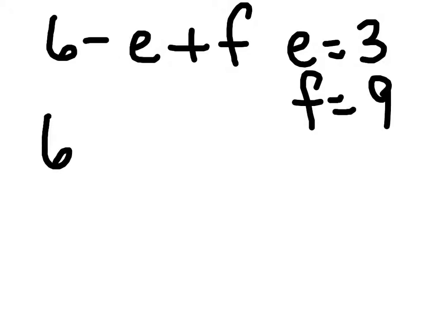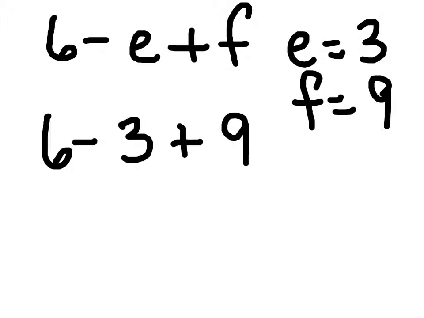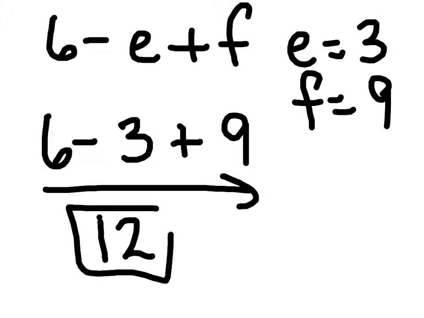So I would have 6 minus 3 for the E plus 9 for the F. I use my order of operations, which means I have to solve left to right with the 6 minus 3 plus 9. There's no parens to simplify. There's no multiplying or dividing. So now I'm in the adding and subtracting zone, and I need to just go left to right. So 6 minus 3 is 3 plus 9, and the answer is 12.